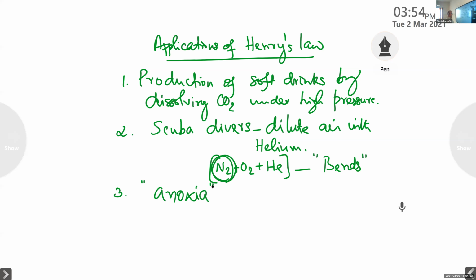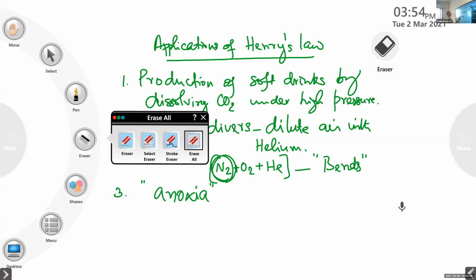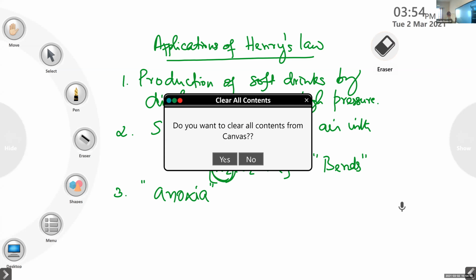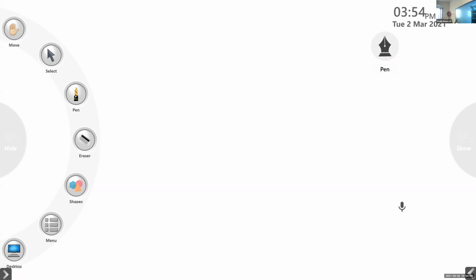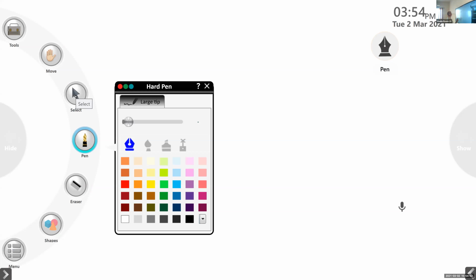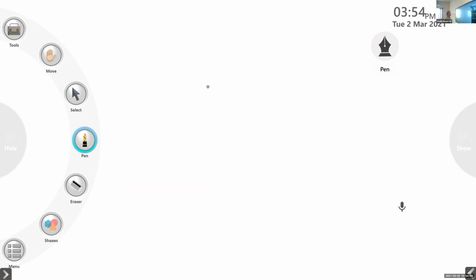Third, in soft drinks, effervescent drinks, carbon dioxide is dissolved under high pressure. All these are direct applications of Henry's law. One is production of soft drinks, second is scuba diving, and the problem of anoxia in people who are living at high altitudes.